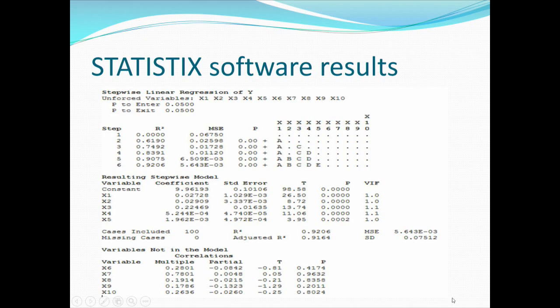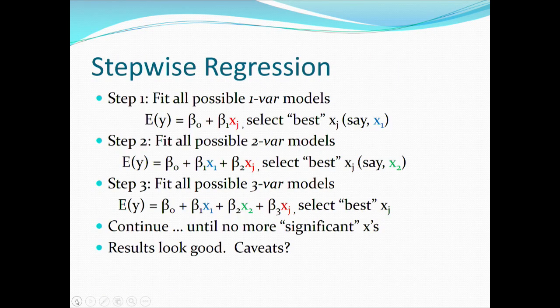Okay? Go back to the steps. And think about all the tests you're doing. How many tests are being conducted in step 1 for this problem? There were 10 X's. 10 tests. Keep track. How many in step 2? 9 more.